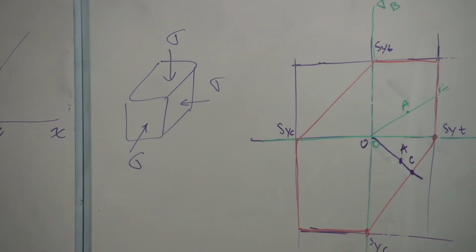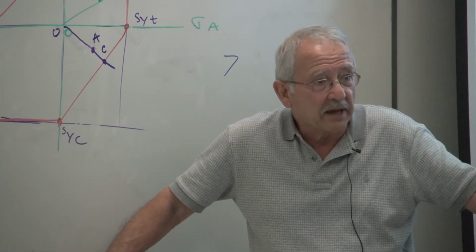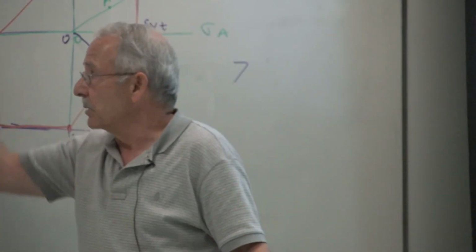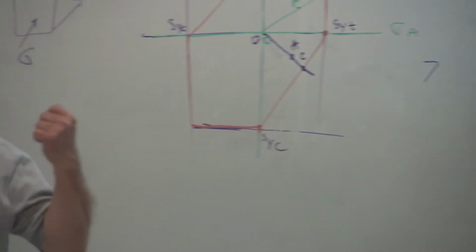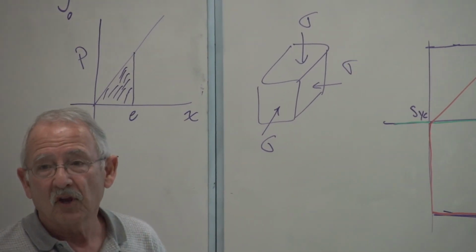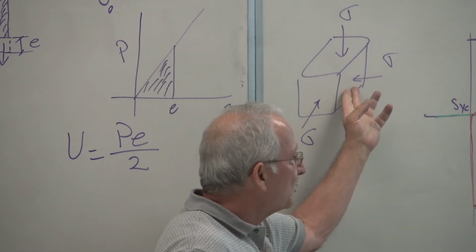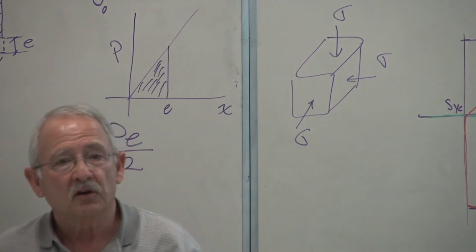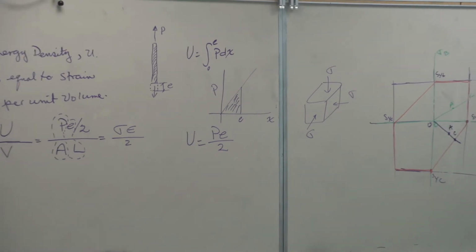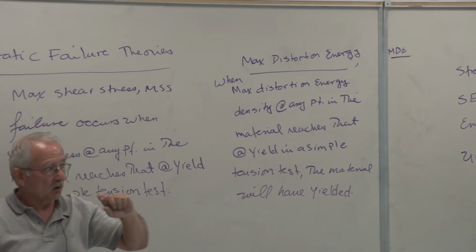A cube. It will be a smaller cube, but it will be a cube. There will be no change in its angles. All angles will remain 90 degrees. The pressure is the same all around, which is the same stress that we have shown here. So here we say whatever energy you put in here went into volume change. If, on the other hand, there are changes of angle or shape, we say that the strain energy that's gone in there produced a shape change, distortion. That is the one we're looking for.